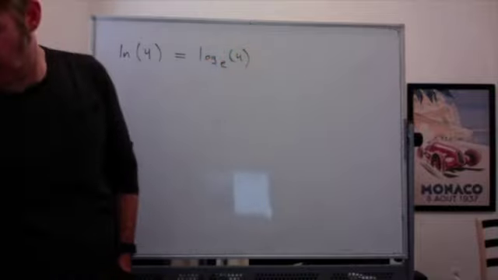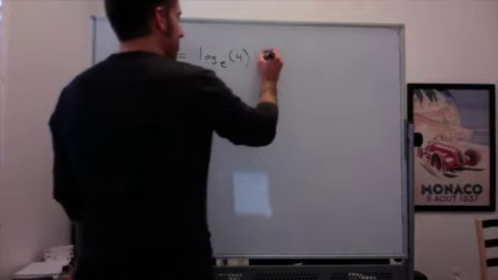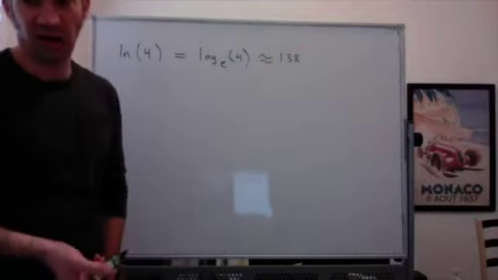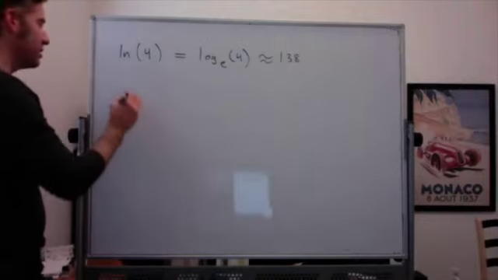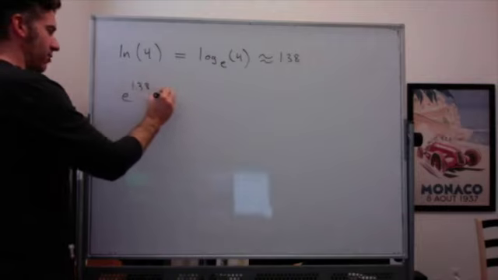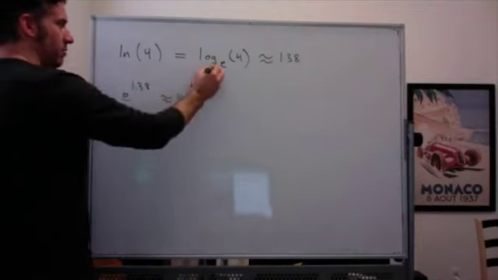I could use a calculator and get an approximation. The natural log of 4 is approximately 1.38. But I don't really care. I just care that what that means is that e to the 1.38 power is approximately 4. Right? Those mean the same thing.